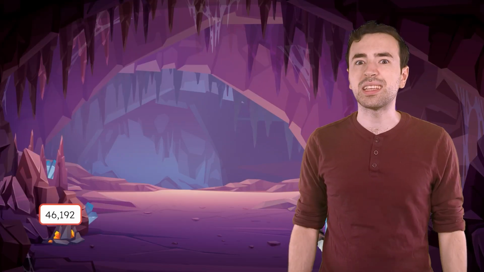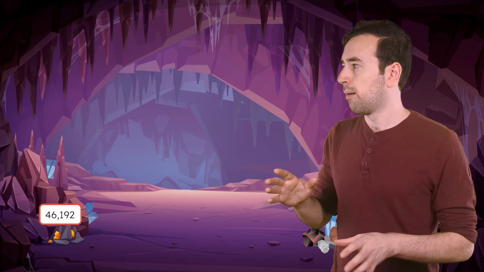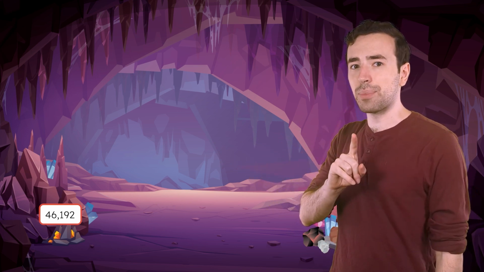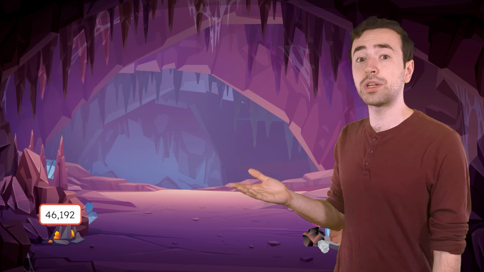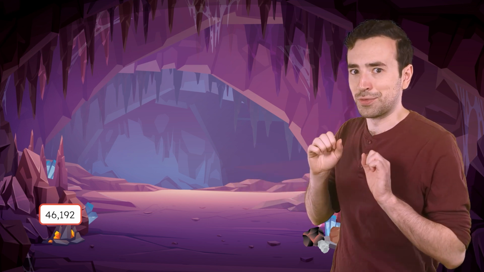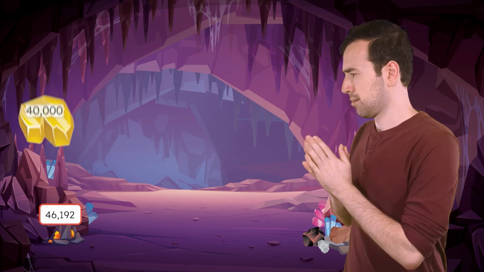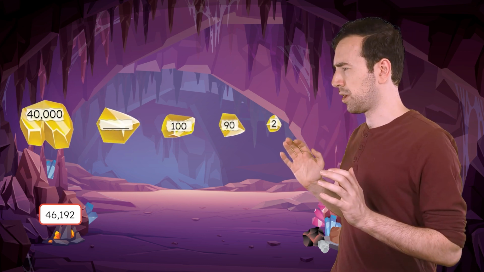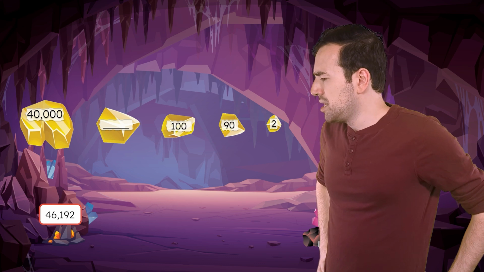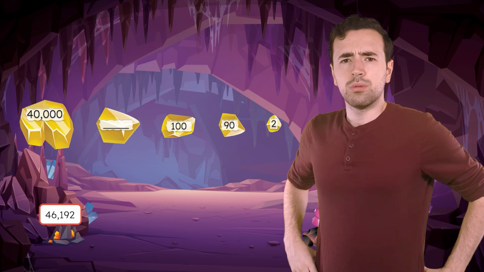Wow, this place is incredible. Hey, check out these geodes. Each one has a different number, like this one that says 46,192. I wonder what we'll find if we break it apart. 40,192?